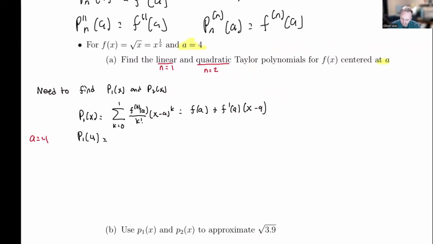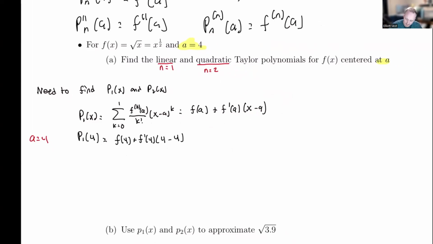Because if P1 of 4 is going to be f of 4 plus f prime of 4 times 4 minus 4 here. Oh, sorry. I'm kind of going off the rails here.